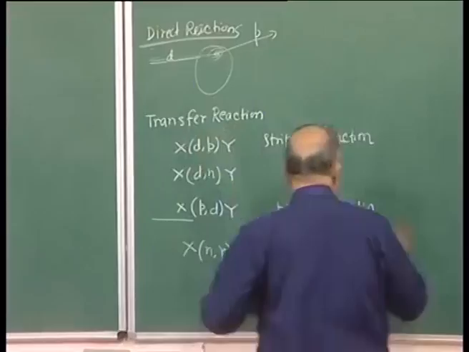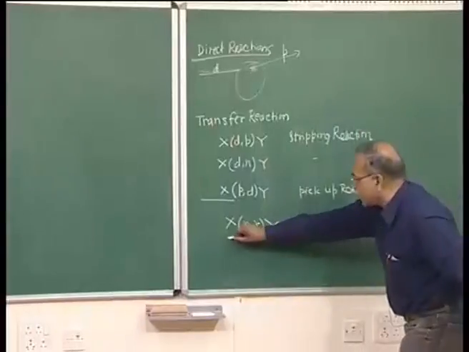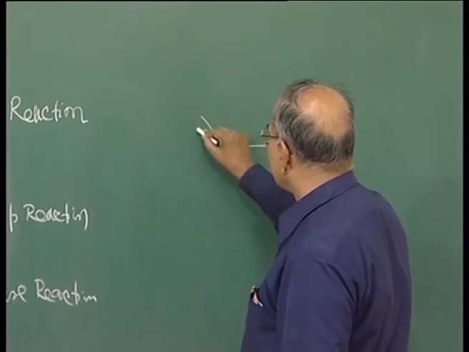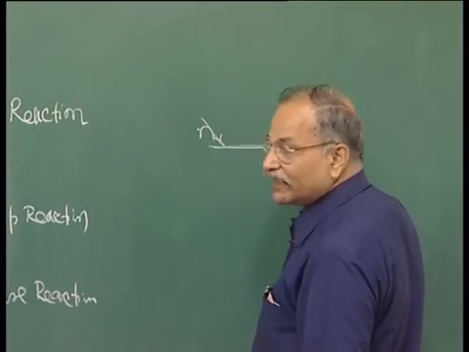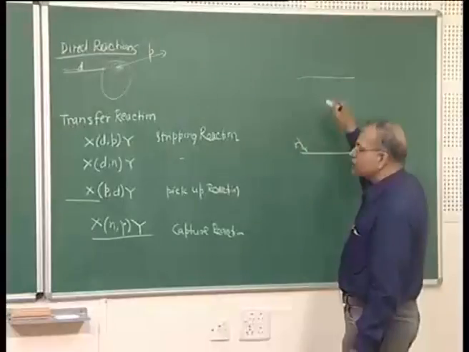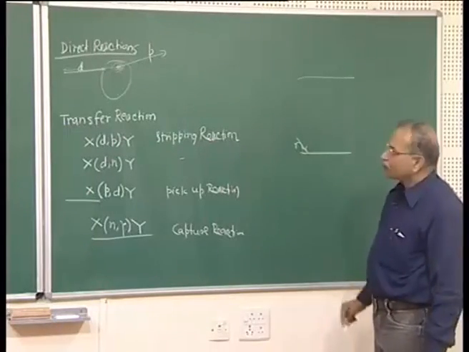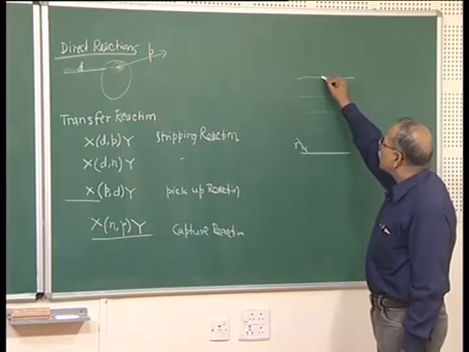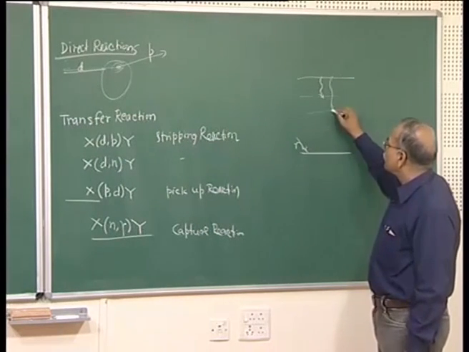Okay. So, in this reaction, the neutron comes here, gets absorbed, and goes to some excited state, and from there it can come down emitting some gamma ray.